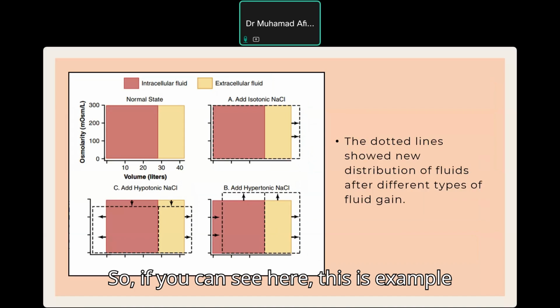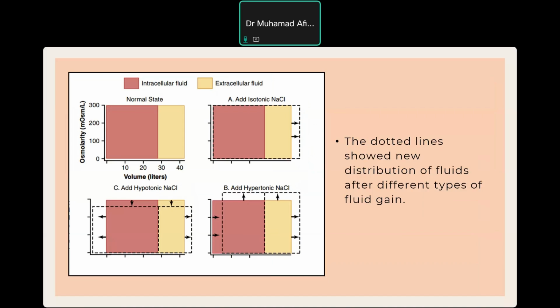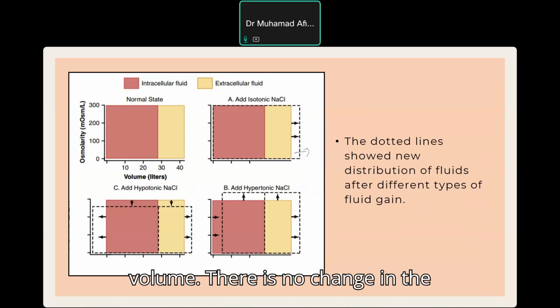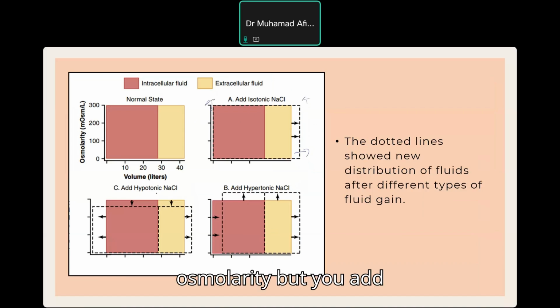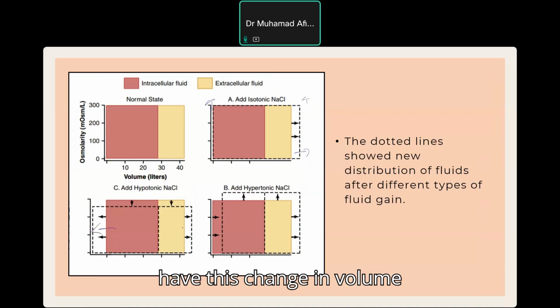If you can see here, this is an example for different types of fluid gain. This is the normal state. When you just add isotonic sodium chloride, you can see it only changes the volume. There is no change in the osmolarity. But if you add hypotonic solution, then you can see you have a change in volume in ECF and ICF, and you have a decrease in osmolarity.